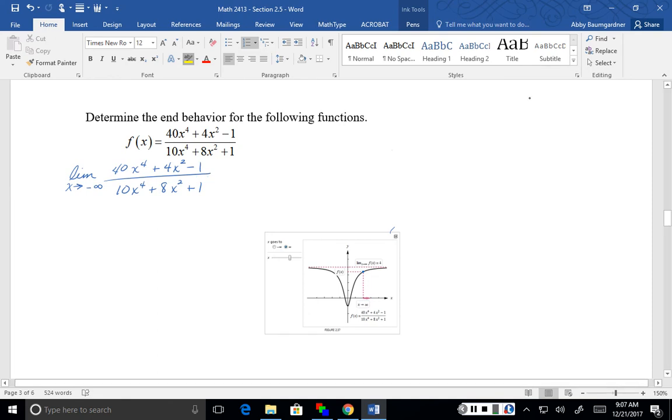Now, the next step is to divide everything by the biggest variable, not the biggest term, the biggest variable in the denominator. The biggest term in the denominator is 10x to the fourth. I don't want to divide by 10x to the fourth. I want to divide by the biggest variable. So in other words, just the x to the fourth. I don't want the 10 with it.